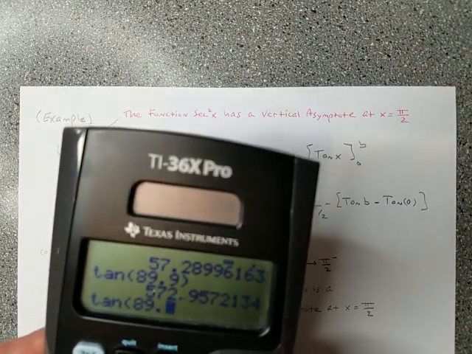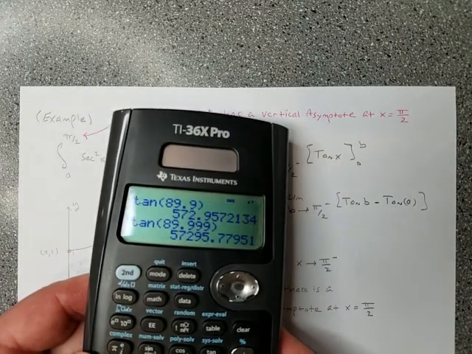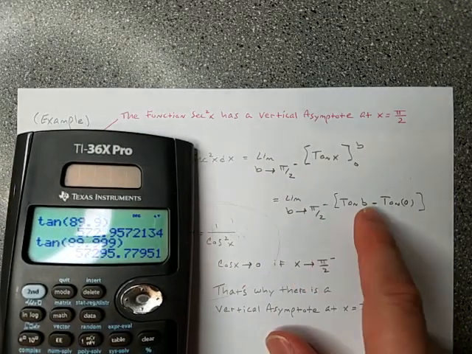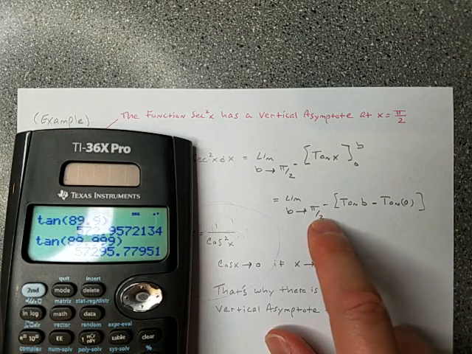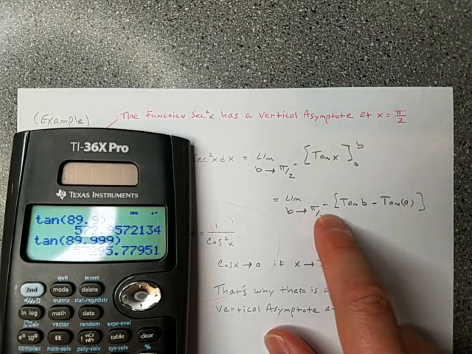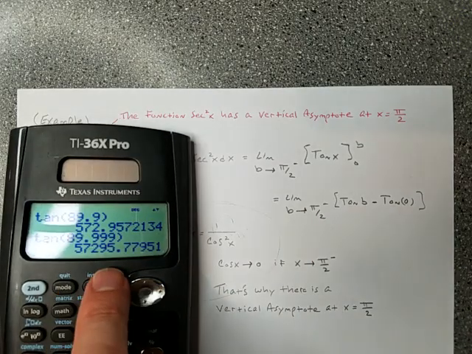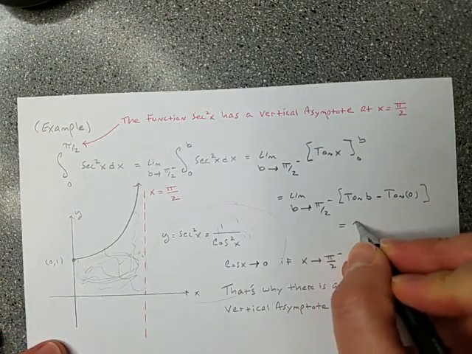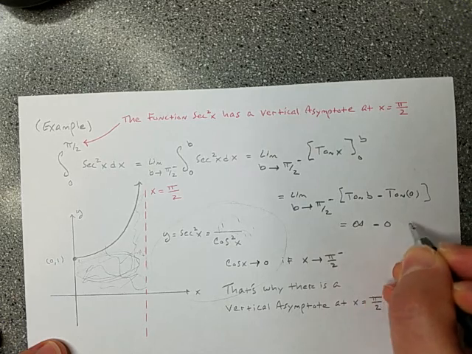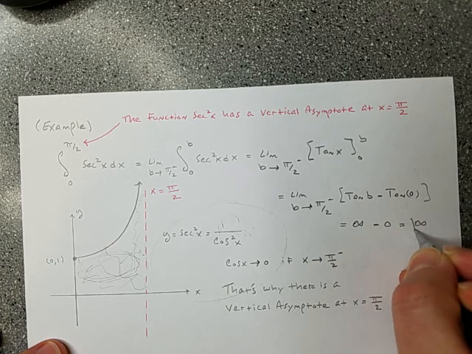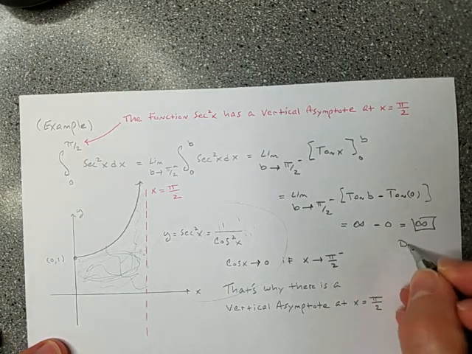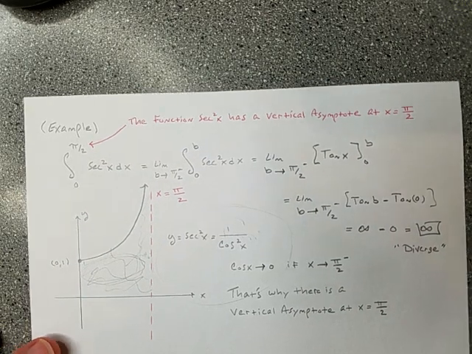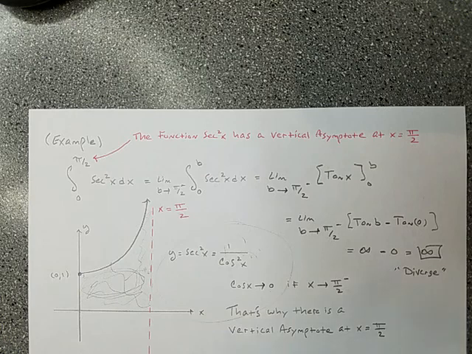Tangent of 89.999 and I get 57,000. Yeah, it does appear that every time I make that angle a little bit closer to 90 degrees from below, the tangent just gets bigger, okay? So this one will be infinity minus 0, or just infinity, okay? This integral will diverge. That's what we'll say about it, all right? The integral diverges, the improper integral diverges.